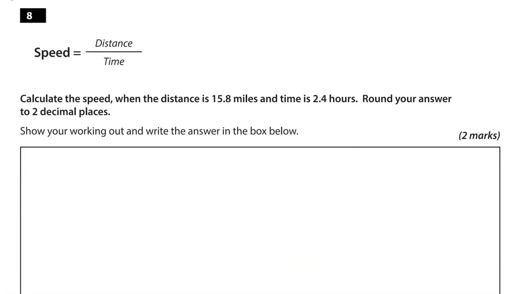Speed equals distance divided by time. Calculate the speed when the distance is 15.8 miles and time is 2.4 hours. Round your answer to 2 decimal places. Show your working out and write the answer in the box below.